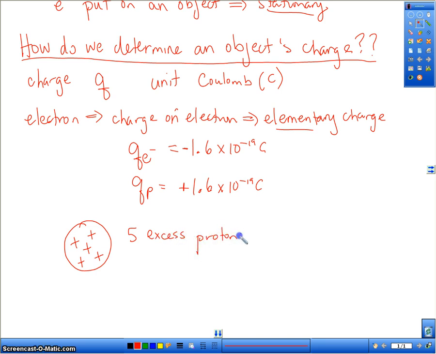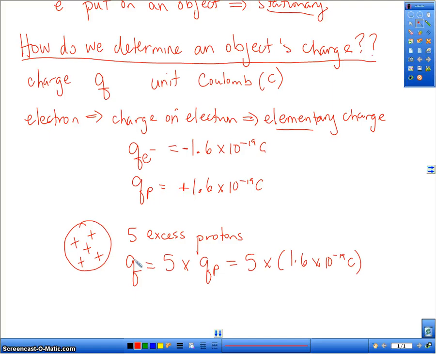I can figure out how much charge that object has, because its amount of charge will be equal to its 5 protons times the charge on a single proton, the elementary charge. So that would be 5 times 1.6 times 10 to the minus 19 coulombs. And that's the amount of charge that would be on that particular object that had 5 excess protons.